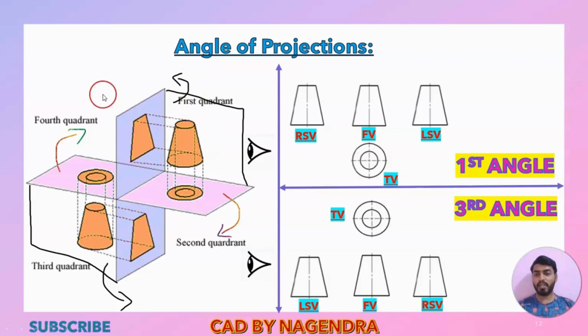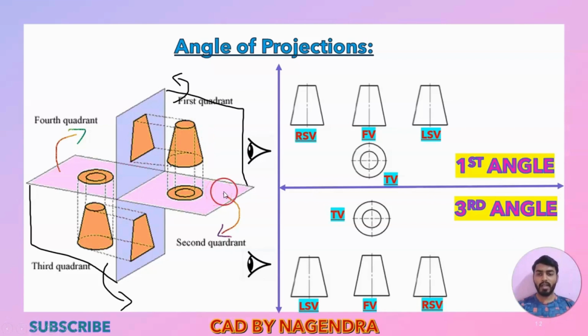Because from whichever quadrant we get that angle of projection, we call it with that name only. Now among all these 4 angles of projection, usually we will use only 2: the first angle of projection and the third angle of projection. Why we won't use the second and fourth, let's see one by one.